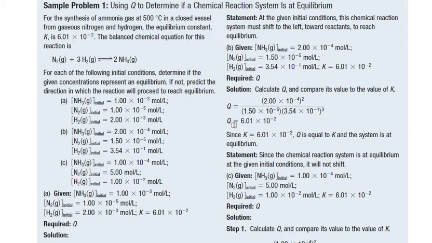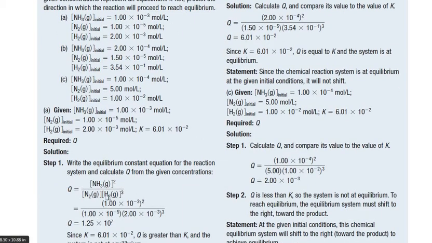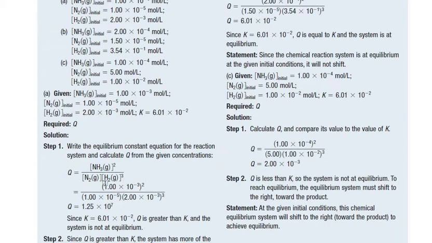So let's start with part A. The compounds' concentrations are given. That's the initial concentration of ammonia, nitrogen and hydrogen. As you see here, we need to put it in this formula: Q equals NH3 to the power of 2, based on this balanced reaction, divided by the concentration of nitrogen times the concentration of hydrogen to the power of 3.